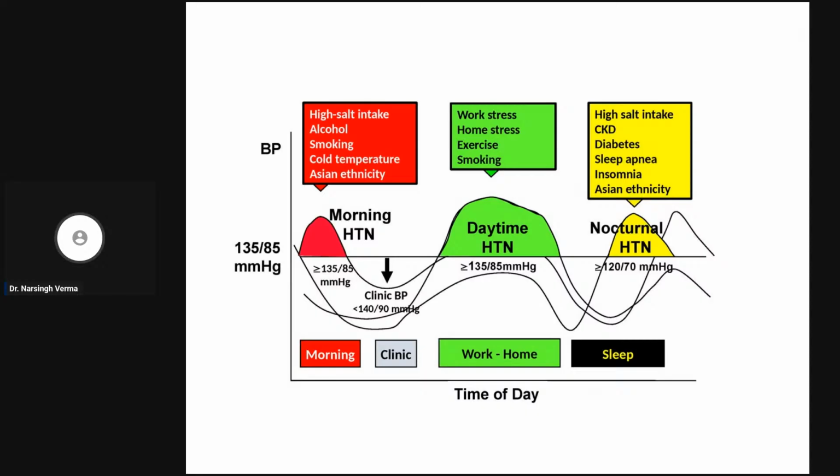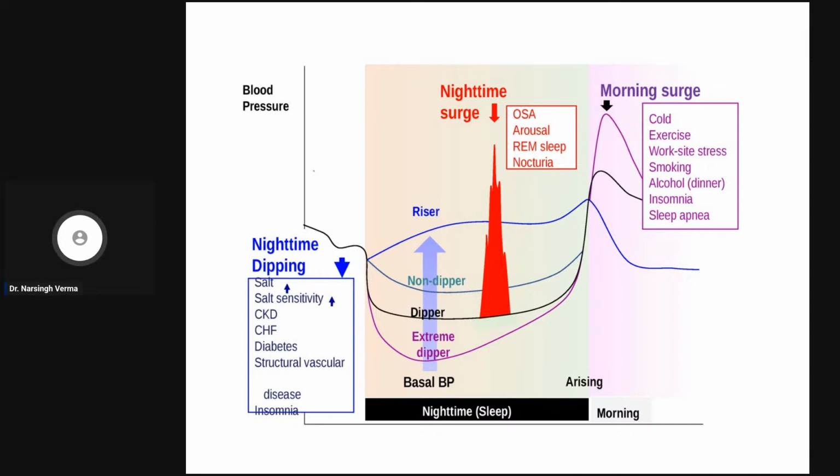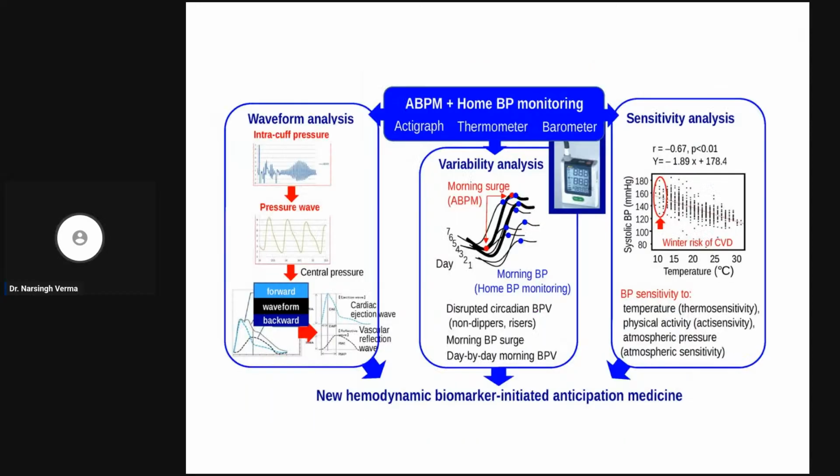So this is very important, and various mechanisms are known for it. And we can also find out nighttime dipping, and the nighttime surge can also be found out, which is very, very dangerous. Not only that, ABPM and home monitoring are methods by which this variability can be found out easily.